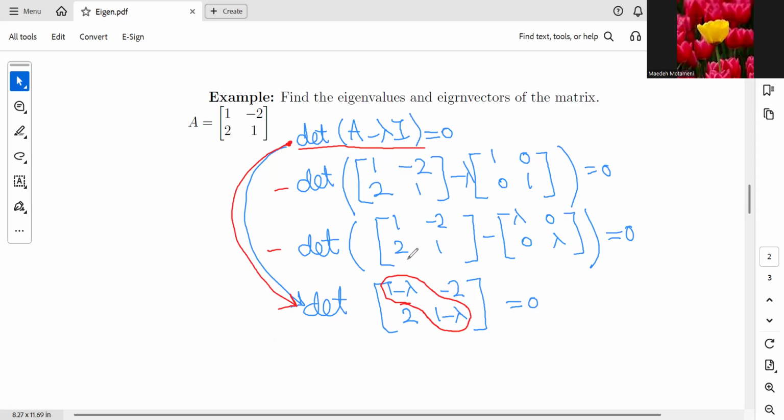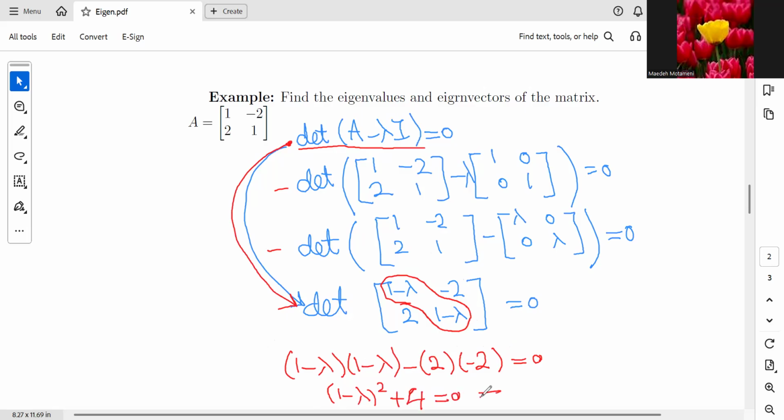Now we have this one. How can we find the determinant of a 2 by 2 matrix? That would be the multiplication of these minus the multiplication of the others. It gives us (1 minus lambda) squared minus 2 times negative 2, which will be negative 4, so positive 4 here, equals 0.